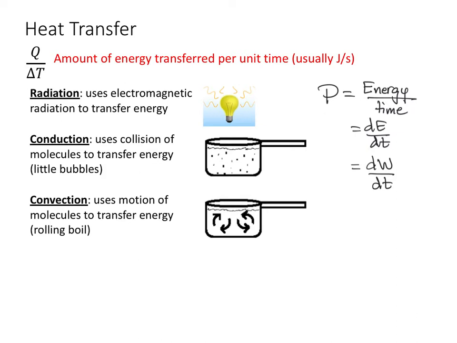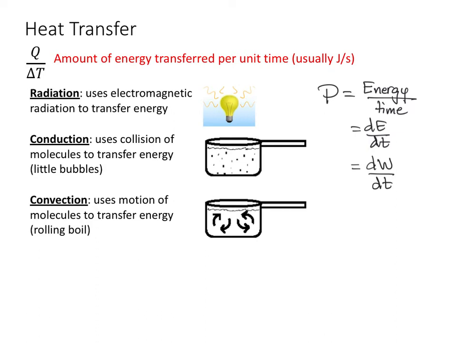Radiation is an energy transfer, a heat transfer through electromagnetic radiation. So through light or any other electromagnetic radiation, infrared, ultraviolet, and so on. Conduction uses collision of molecules within a substance to transfer energy.